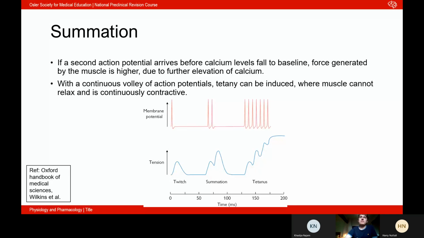So this means more calcium can facilitate more muscle contraction, and so we get a summation of the effect of the contraction and so the tension generated in the muscle. And if there's a very strong series of potentials, this can lead to a tetanus, which is a very sustained contraction.